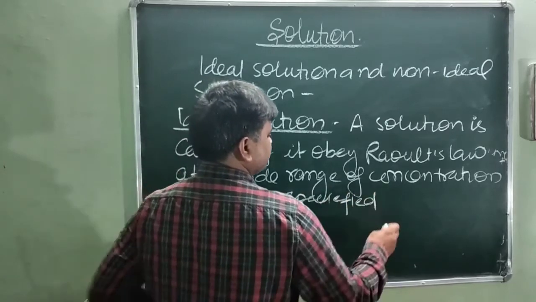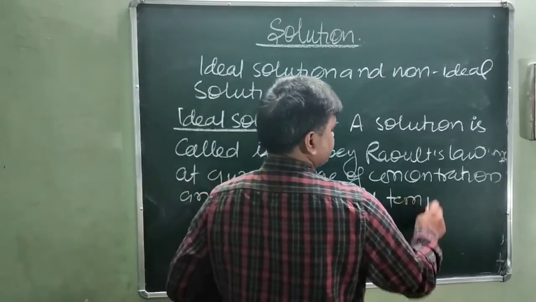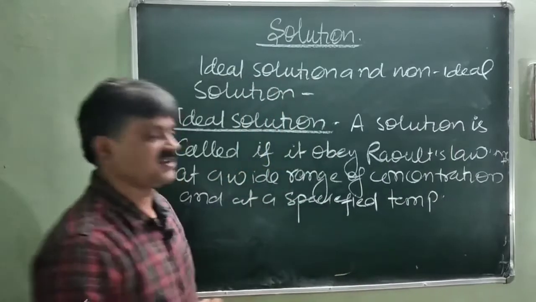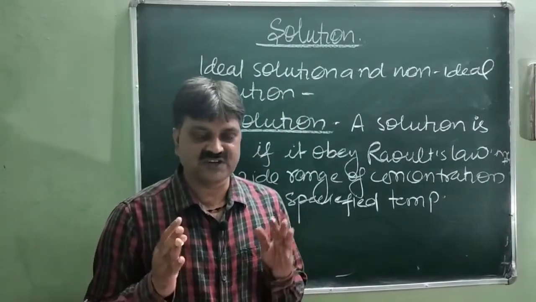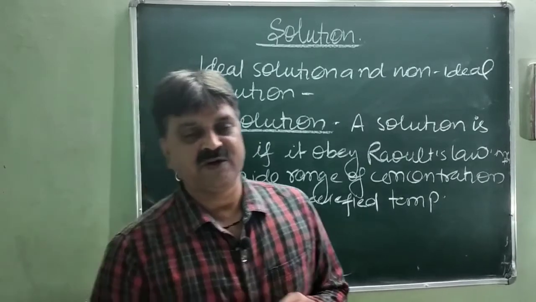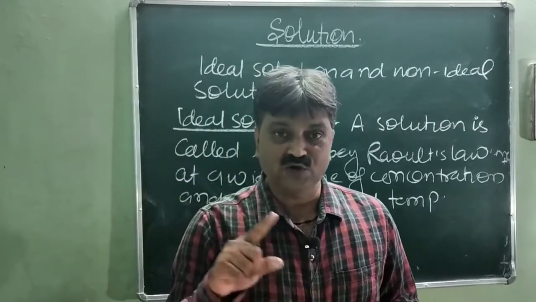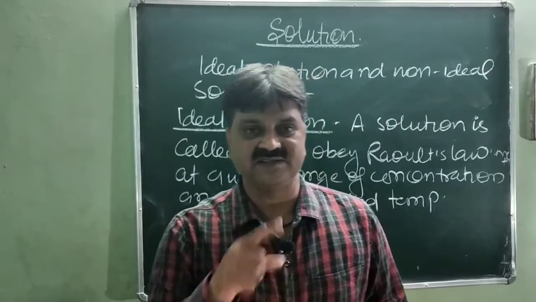Specified temperature means constant temperature. That solution is called an ideal solution. Is that clear? A solution is called ideal if it obeys Raoult's law at a wide range of concentrations.